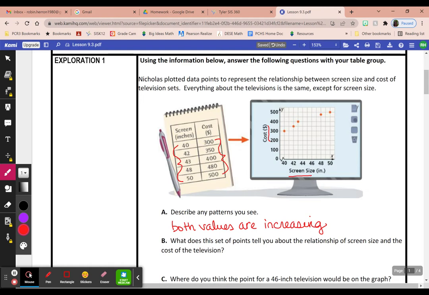That's pretty common. What does this set of points tell you about the relationship of screen size and the cost of the television? That's kind of what we just said: the larger the screen, the more expensive it is, the more it costs.